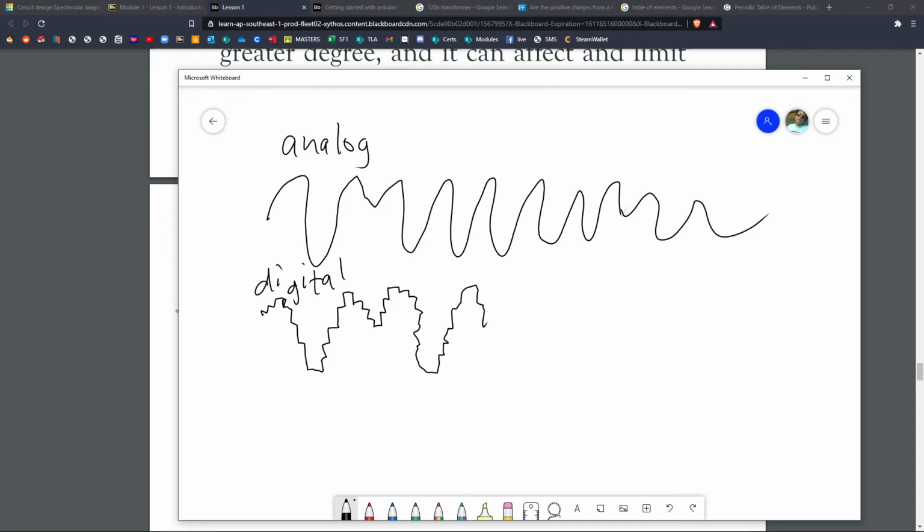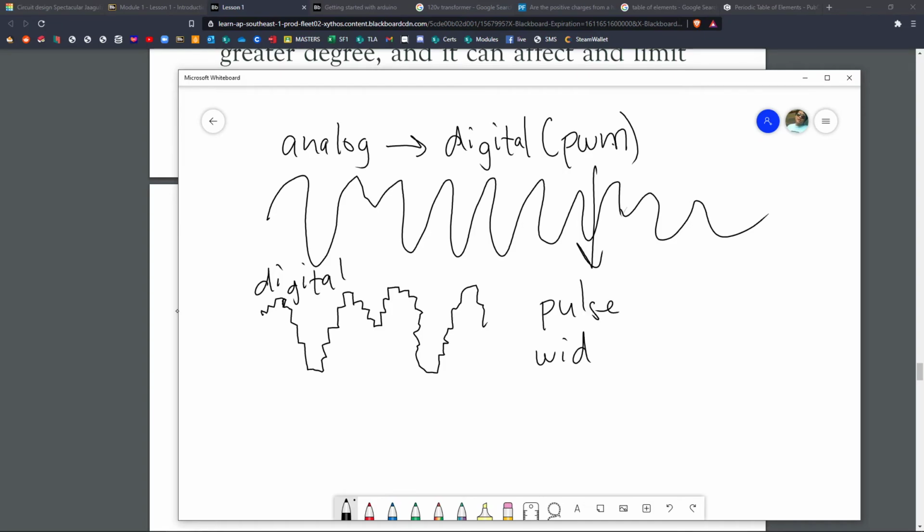We call this recreation of analog to digital as PWM. Makikita nyo yan later sa Arduino nyo, but we call this PWM as pulse width modulation.